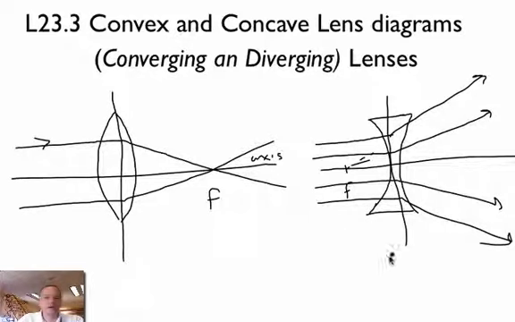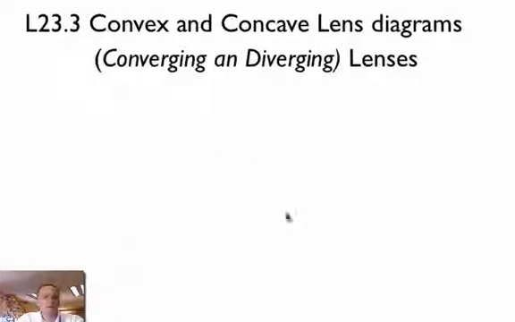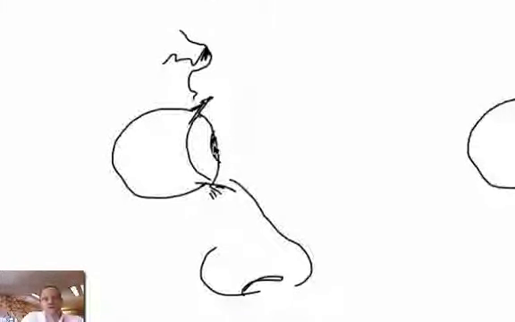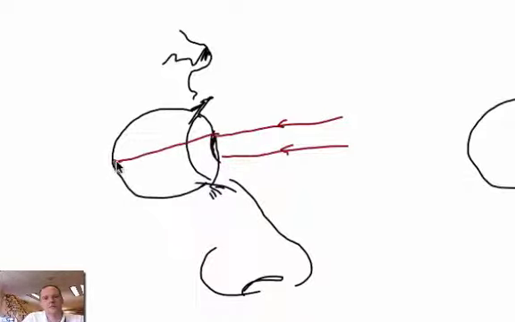So where do we use these kinds of lenses? Well, one common place is with eye disorders. Normally we have a converging lens in our eye, and as parallel light comes in, say two parallel light rays coming into our eye, they typically focus right on the back of our eye and form an image.